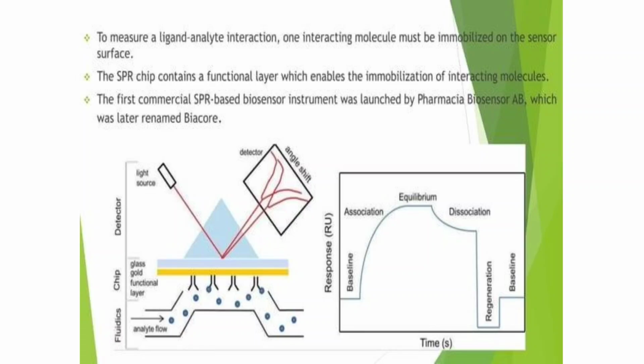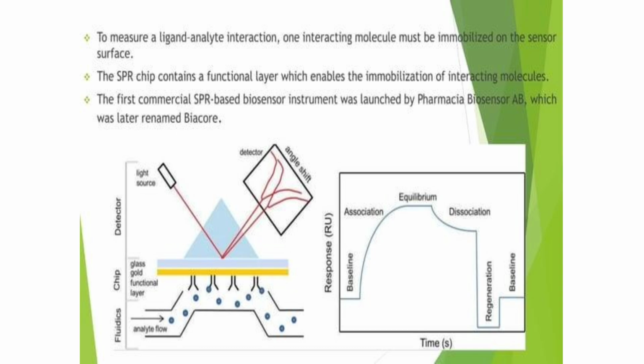To successfully capture and measure the target ligand and analyte interaction, one of the interacting molecules will be permanently immobilized on the active sensor surface, so that this SPR chip will achieve the molecular immobilization.